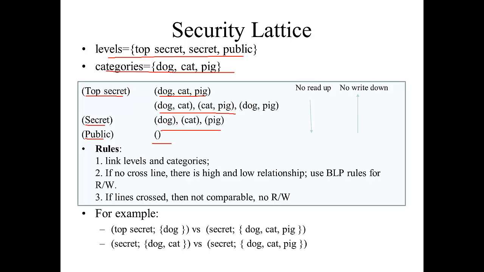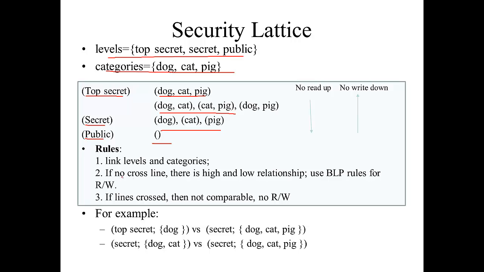This one only dog category, cat category, and pig category. This one is unlabeled. Okay, this is the category, this is the label. We put this figure here. When we compare which subject can access which objects, we can use the rules to do that. Just link the labels with the categories.